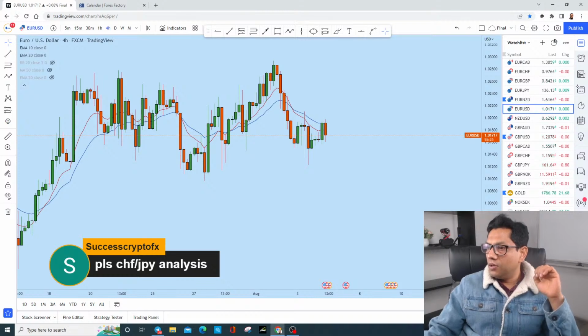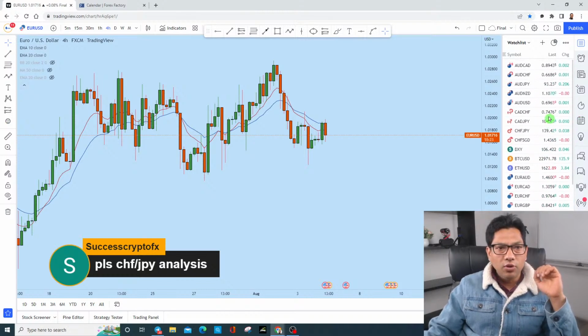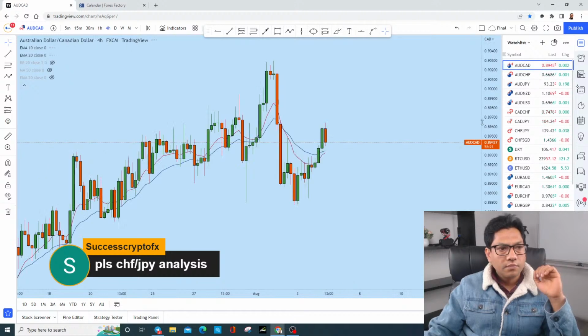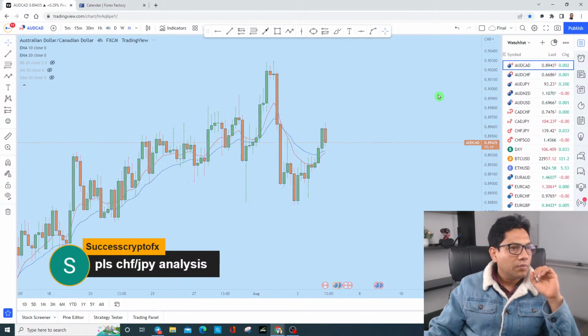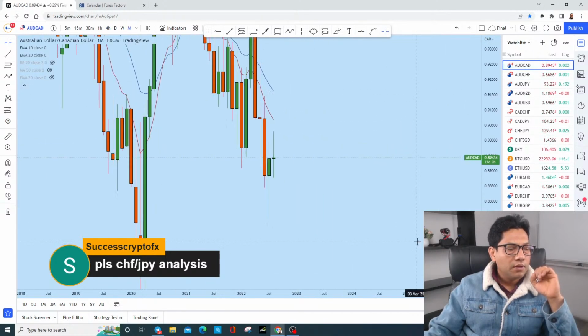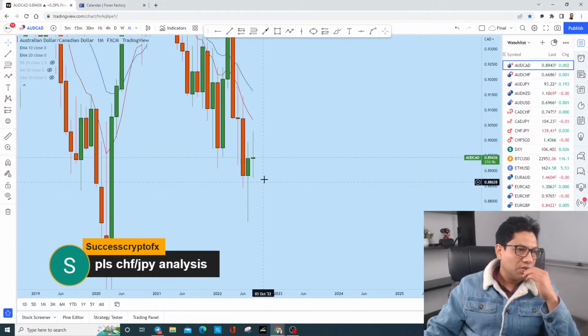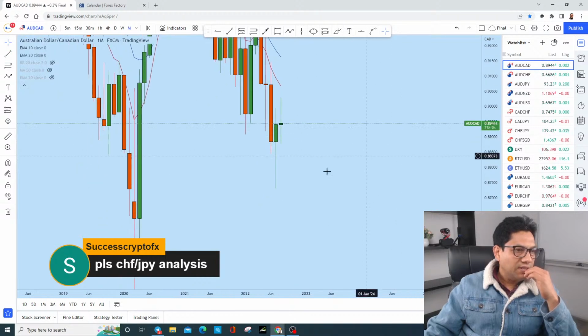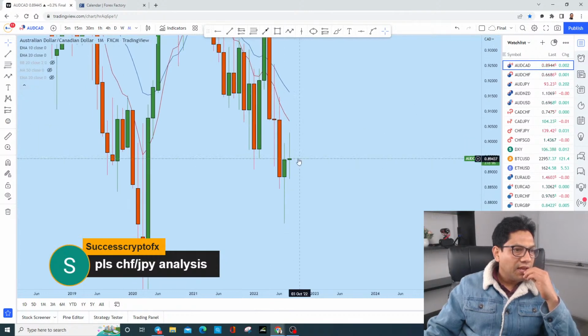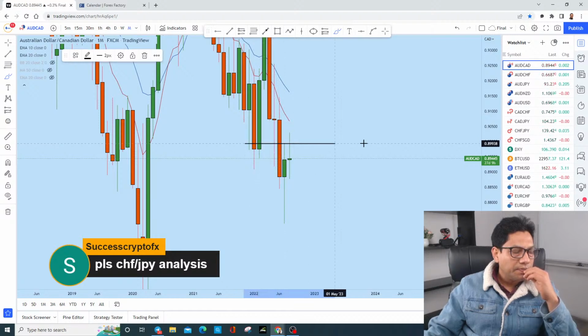Okay, so in the meantime guys, let's look at AUD-CAD. Look at the monthly. AUD-CAD, I think that it will be bearish slowly, because you can see that there is a monthly bullish candle here on AUD-CAD, followed by this monthly candle that has crossed this high, and then we have seen a rejection to the downside.